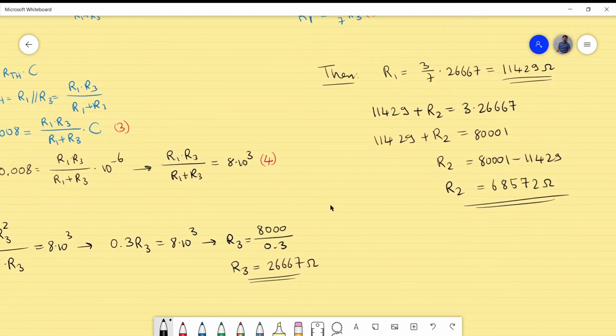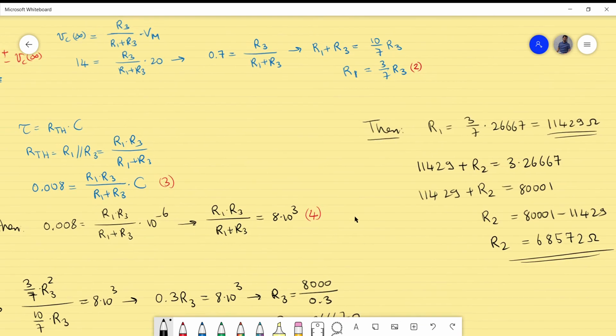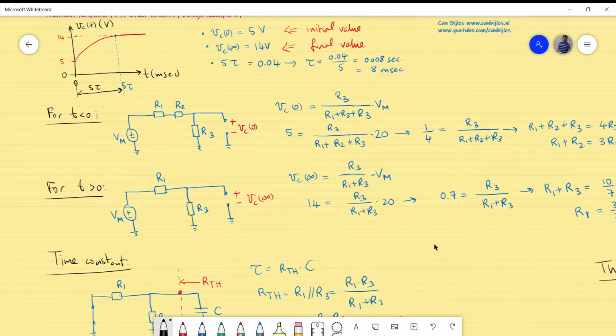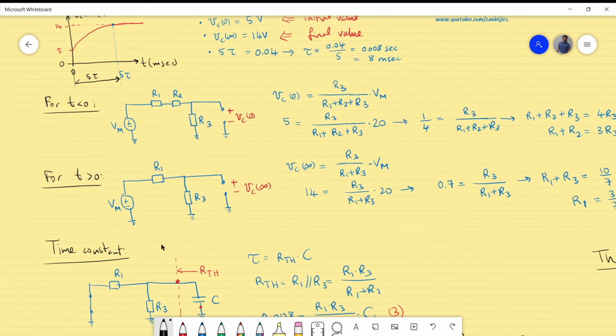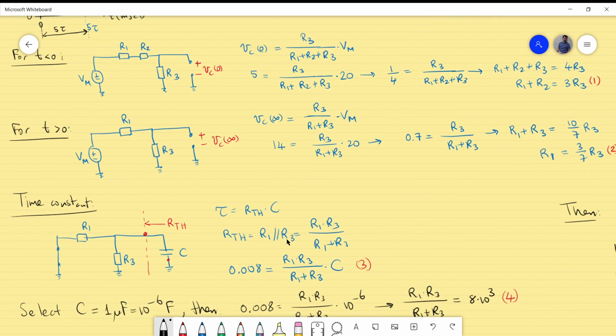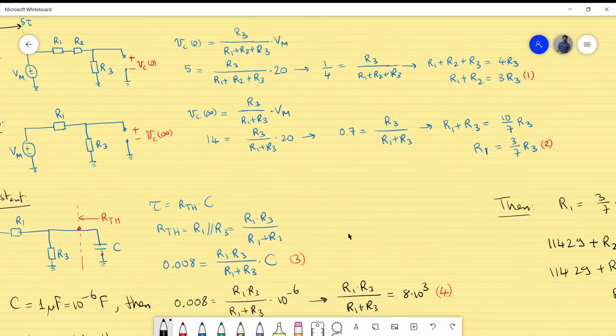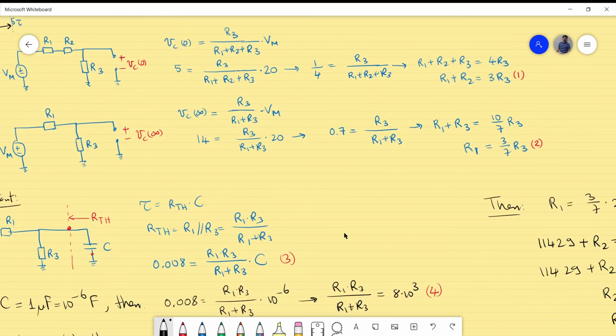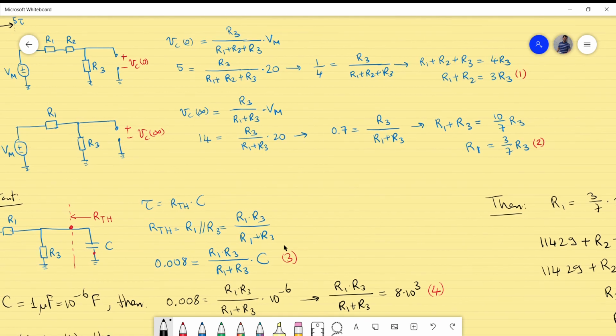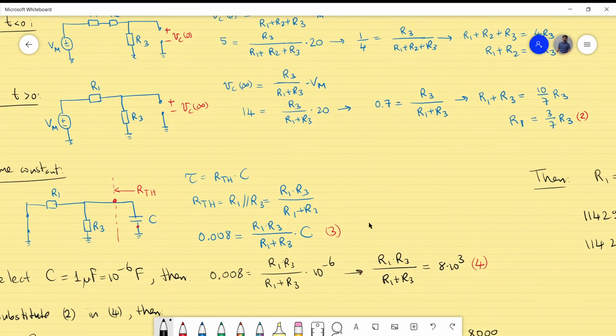If I summarize, what we have done is follow the procedure for the initial value and the final value of the capacitor voltage, and also use the time constant to set up equation number 3. Since we have only 3 equations and 4 unknowns, we have to select one of the unknowns. It might be another resistor, so it doesn't have to be a capacitor, but in a practical sense we most of the time use the capacitor.